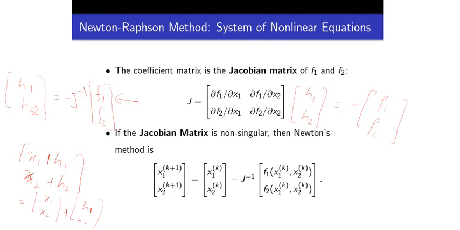You can replace h1 h2 by minus J inverse times f1 f2, and the new approximation is given by the sum of these two. This is how you can iterate. Similarly you can go for the next approximations x1 1, x1 2, x1 3 and so on. So here you will find the following method. Okay, right. This is where we end here now, and we will see some examples in the next session.